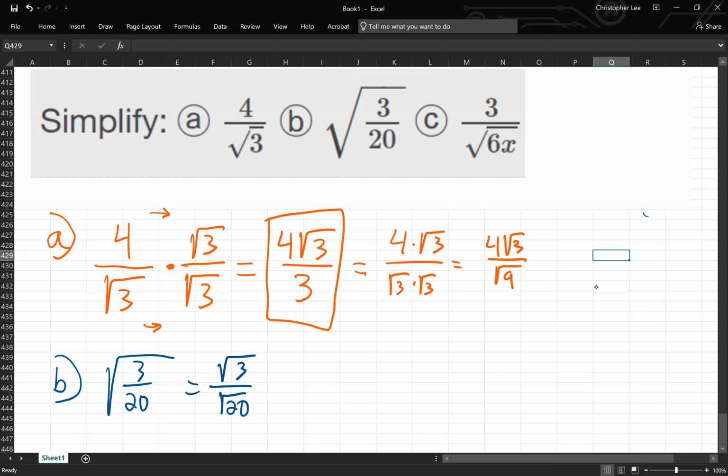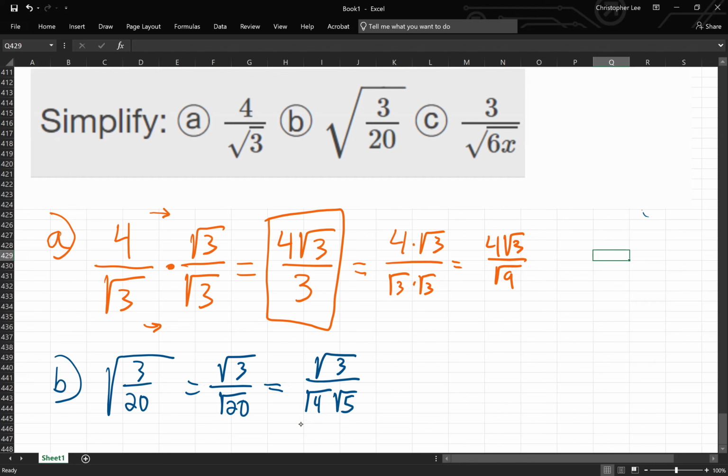Now, I'm going to show y'all my favorite way to do this, right? I like to reduce my radical first before doing my multiplication, right? Why? Because I don't like multiplying big numbers, right? So to make this a little bit easier, this becomes what? Square root 3 over square root 4 times square root 5.